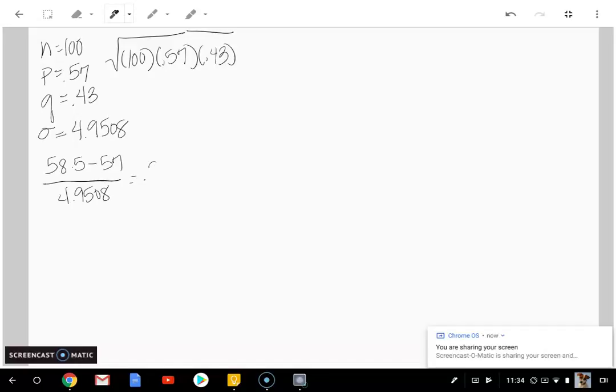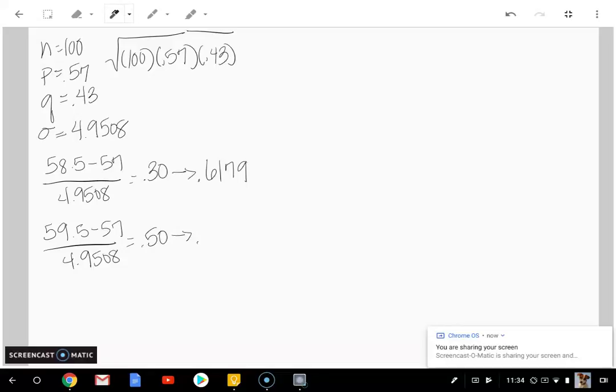That equals 0.30 as your z-score, and you transform this to find your percentile, which is 0.6179. And then you do your greater value, which is 59.5 minus 57 divided by 4.9508. This equals 0.50 as your z-score.